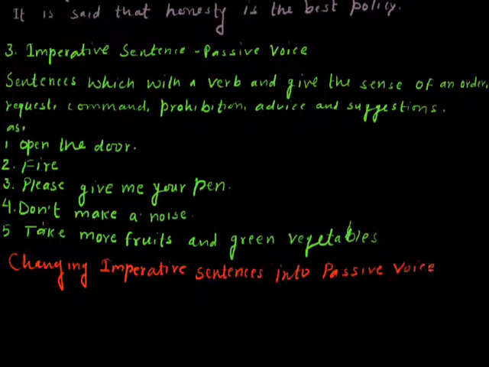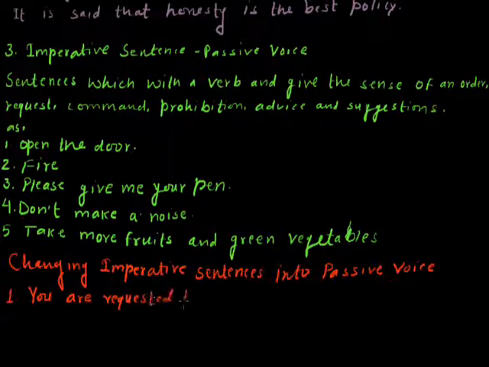We simply use you are, then requested, then to, then the active voice given. We can also change the verb requested to advised, commanded, ordered, prohibited, or forbade. So it depends upon the sense which the active voice makes.